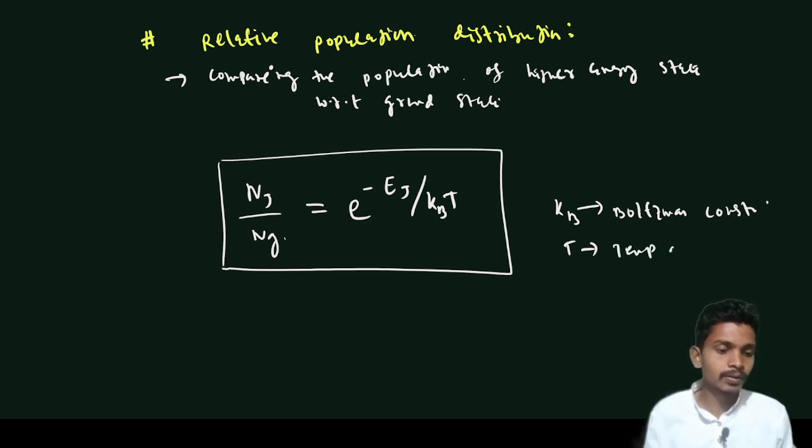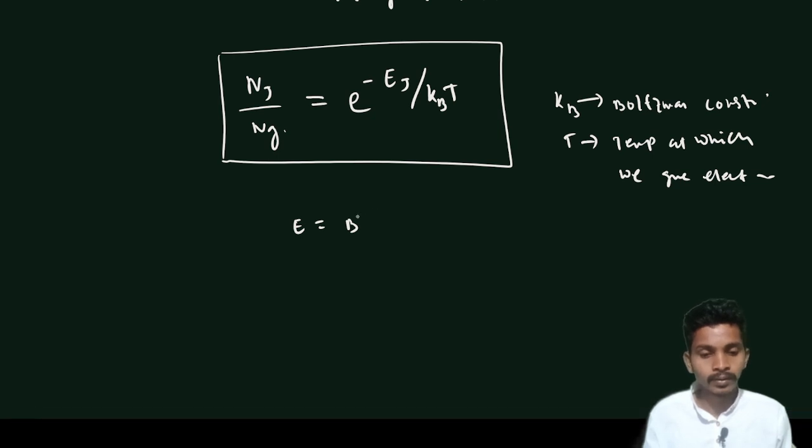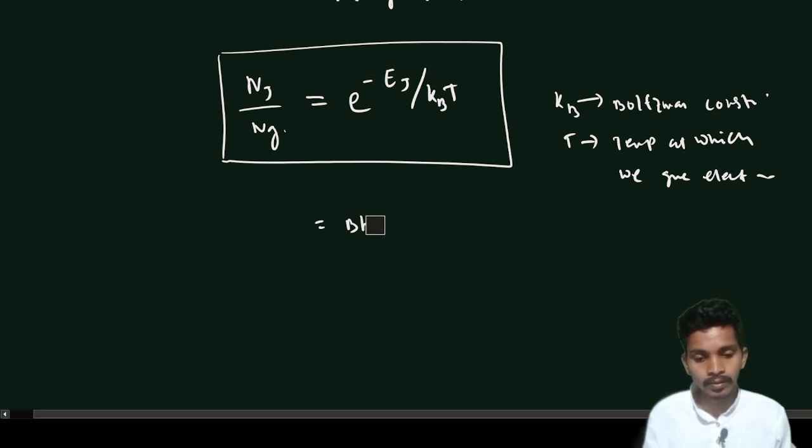And T is the temperature at which we give the electromagnetic radiation, and this is Ej, where E equals BhC times j into j plus 1.